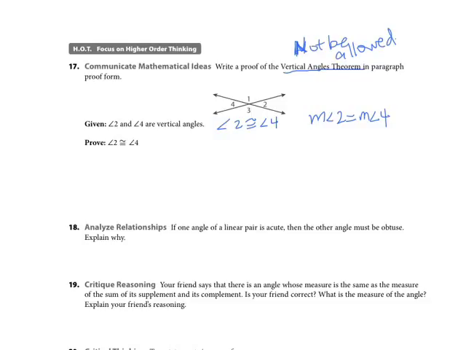So I'm going to stick to angle 1. So the measurement of angle 1 plus the measurement of angle 4 is equal to 180. I also know now these are a linear pair. That's the reason why. Okay? And the measurement of angle 1 plus the measurement of angle 2 is equal to 180 degrees.